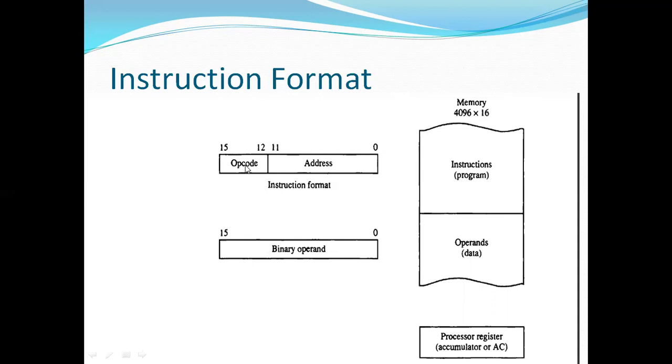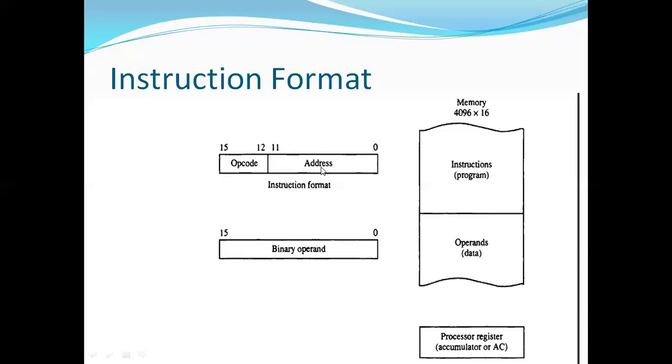One is the operation code, which operation we need to perform, and one part is the address, from where the data and instructions will be fetched. So the address of that particular data and the type of operation we need to perform will be divided in this instruction format.